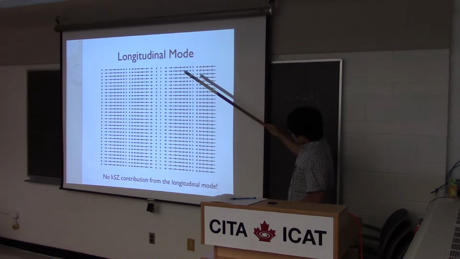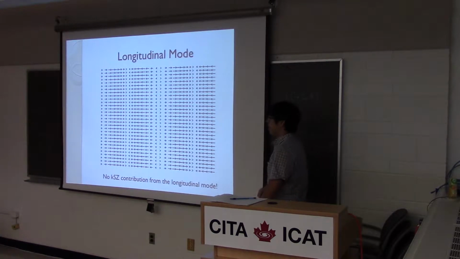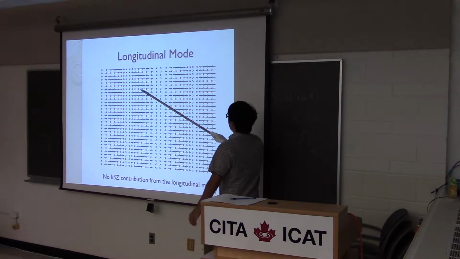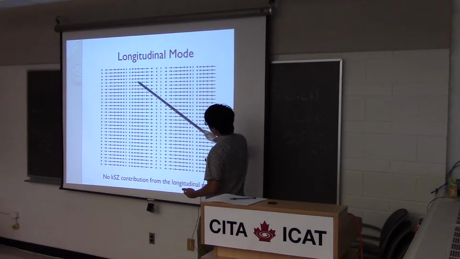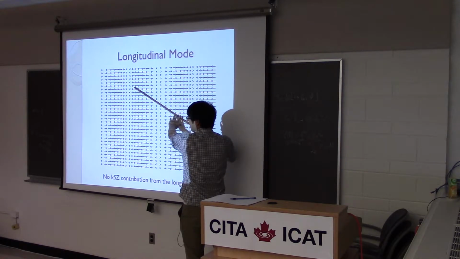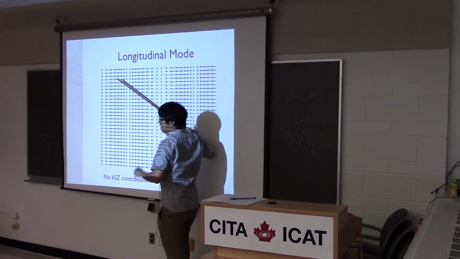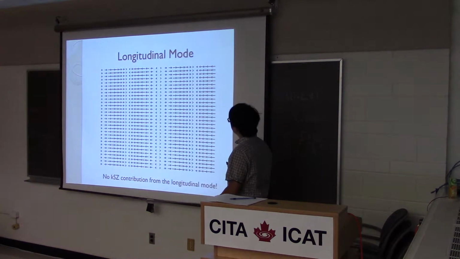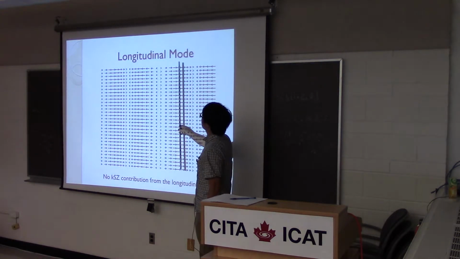For the parallel mode, or longitudinal mode, if you just think about a random line of sight, and you are going through this direction, then you have negative dot product here, positive dot product there. You have this cancellation going on forever, so you never accumulate the signal. If you want to avoid the cancellation, then you want to take this line of sight.